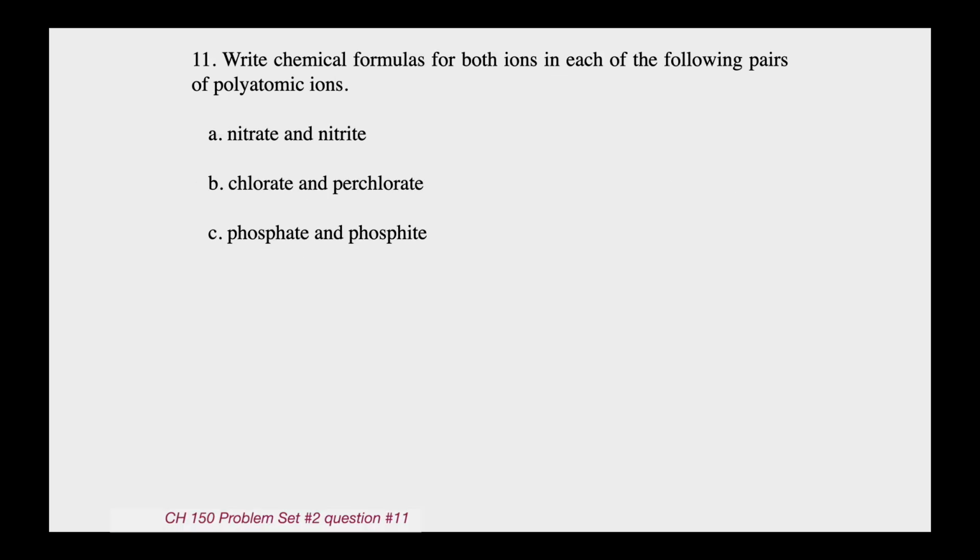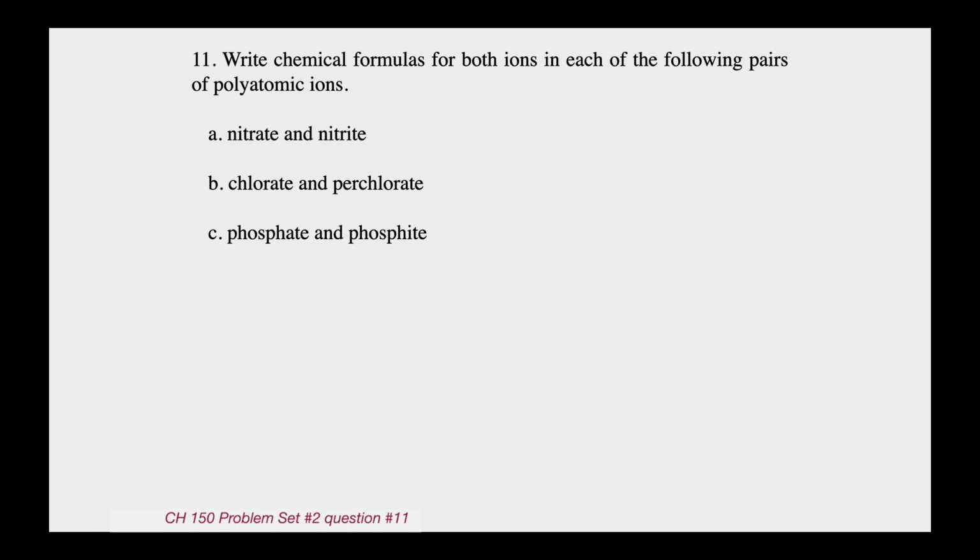Cool. Polyatomic ions are going to be really important to us. Poly means many, many-atomed ions. So if you see some of these, just realize there's going to be more than one atom, and they all stick together with an overall negative charge, at least usually. One of them's positive, but most of them are negative.